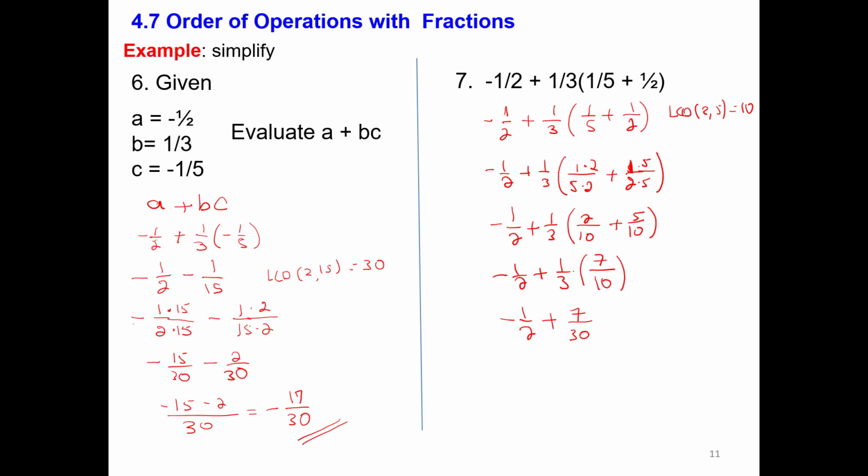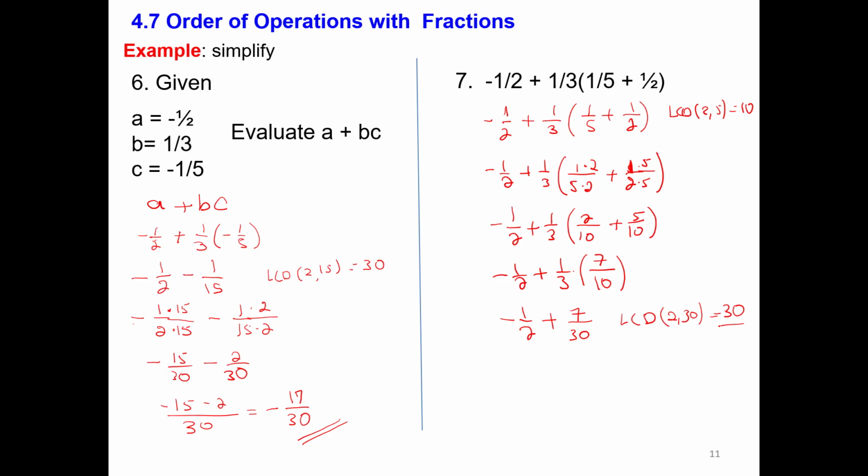Now we have different signs, so we need to subtract, but we need a common denominator. The first thing is to find the LCD, and in this case the LCD is 30.